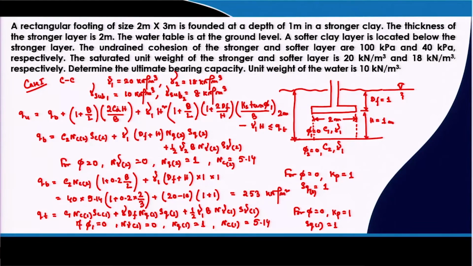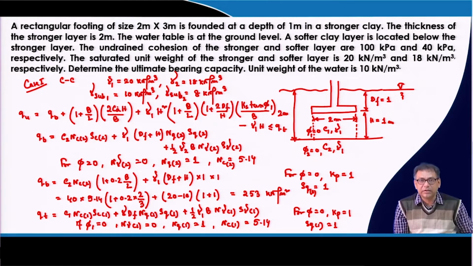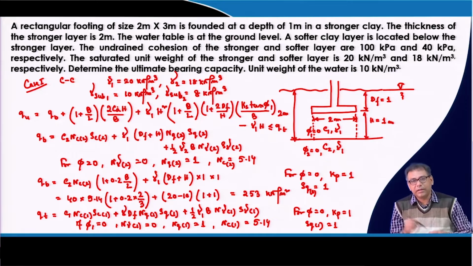Now I started the second case, where the top layer is a sandy soil and the bottom layer is a clay soil. As I have mentioned, the theory that I have discussed is applicable if the top layer is stronger than the bottom layer. That means the top layer is a strong soil and the bottom layer is a weak soil.